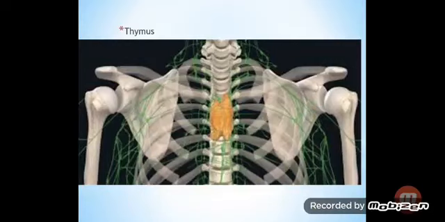As you know, it is a flattened bilobed gland. It plays a very important role in the immune system, especially in the first 2 years of life. It is well developed and active in children.